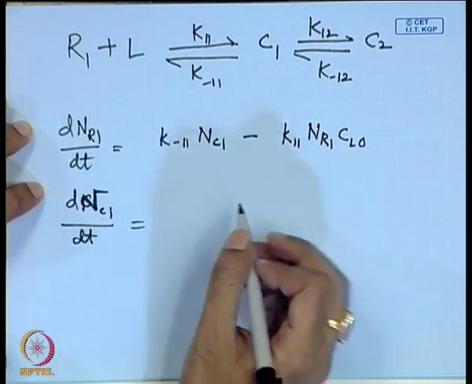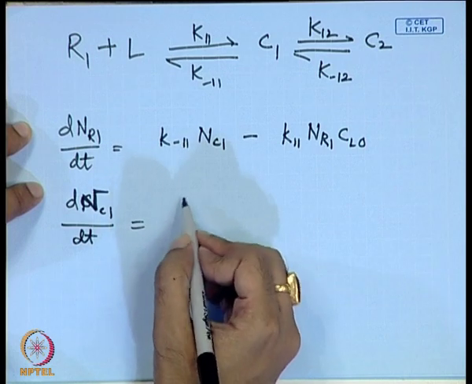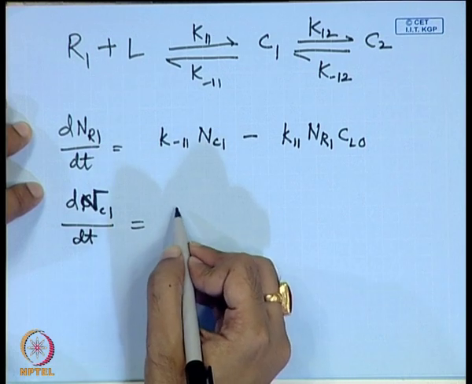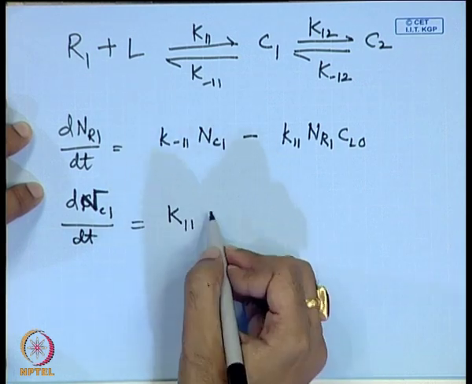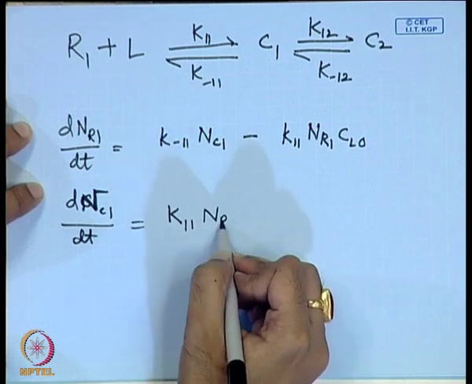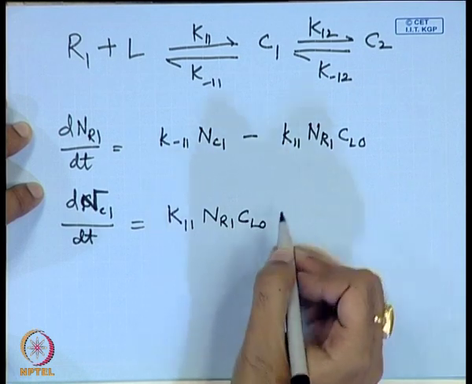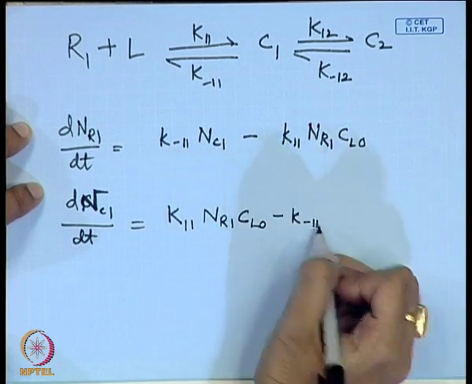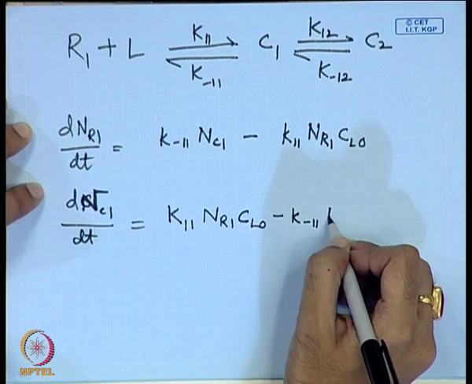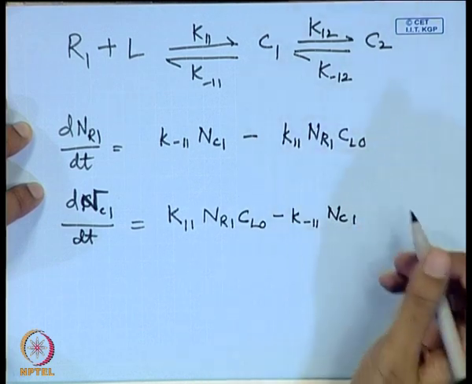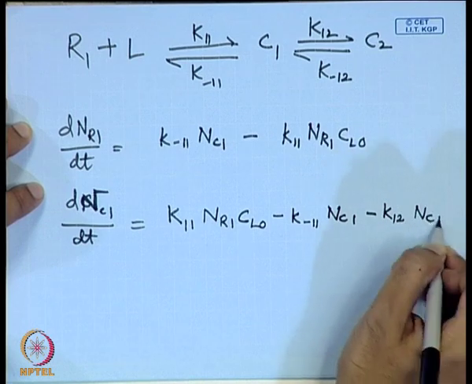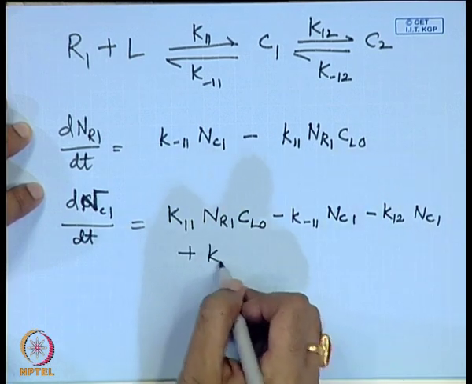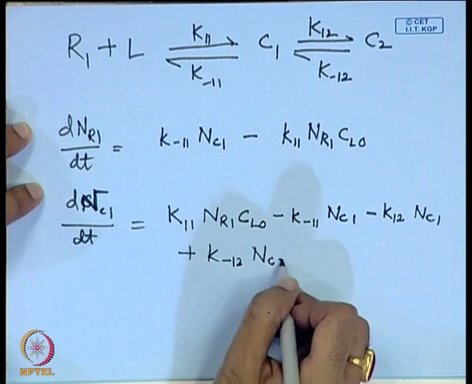That equals k11 NR1 CL naught minus k minus 1 NC1 minus k12 NC1 plus k minus 12 NC2.